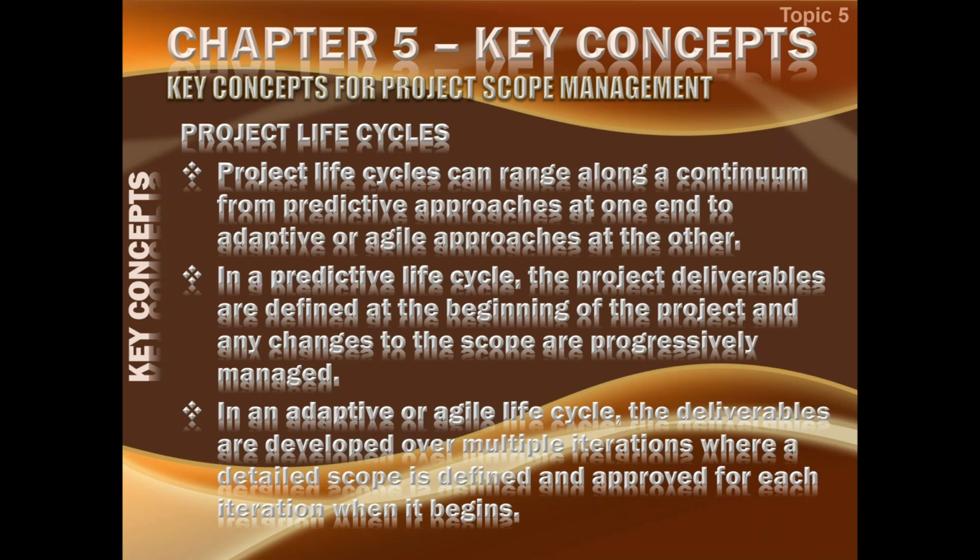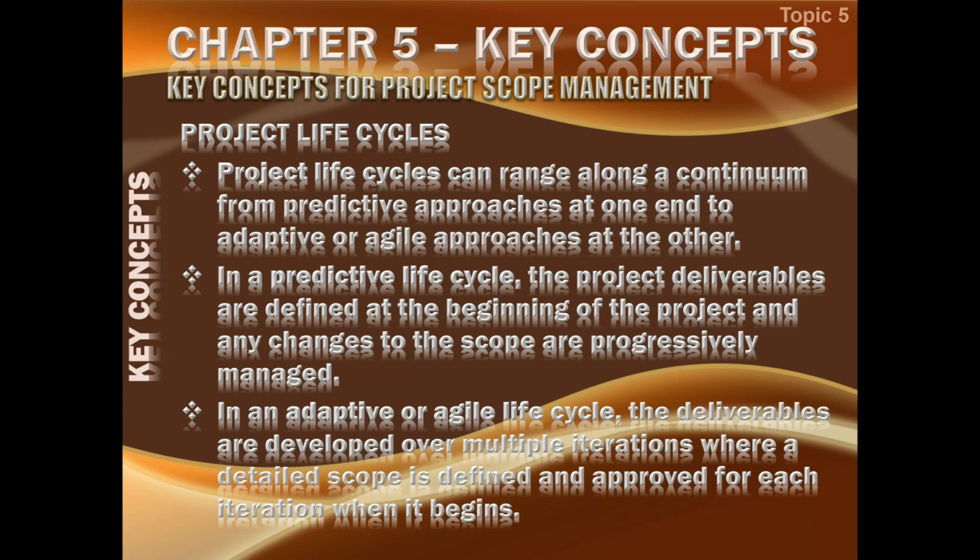Whereas in a predictive life cycle, because you are planning for the whole project at once in the beginning, you do not invite the customer to keep changing things. But still, if anything changes, it goes through a very thorough change control process, and we are not encouraging changes in a predictive life cycle.